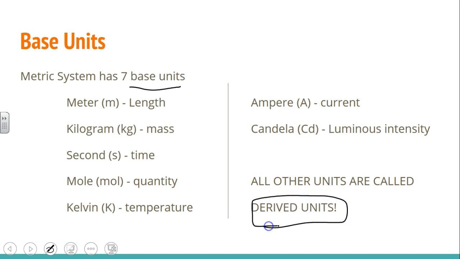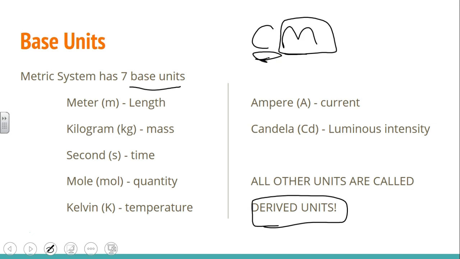Now, when I say a base unit, for example, I'm going to say centimeter. This is based on a meter, and so this is a base unit. Just adding the prefix doesn't change it from being a base unit.